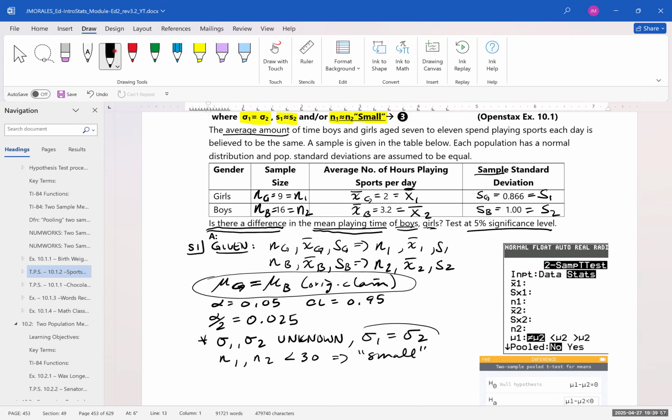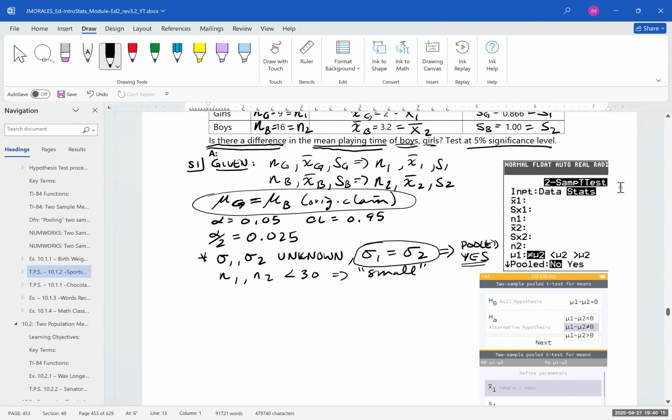And because these are assumed to be equal, the standard deviations should be pooled. All right, I think that's everything that I need here, so we can move on to step 2.